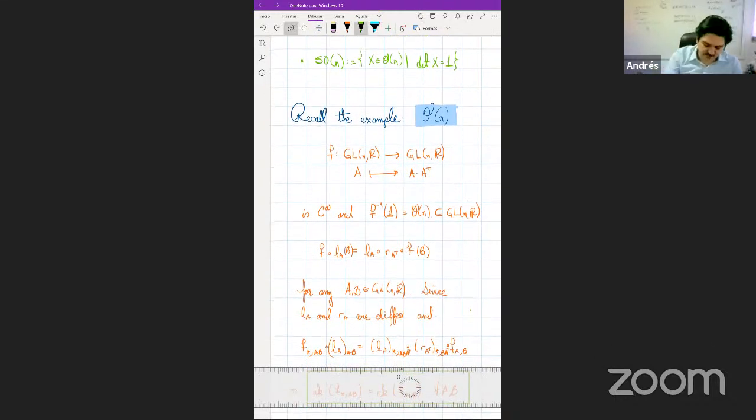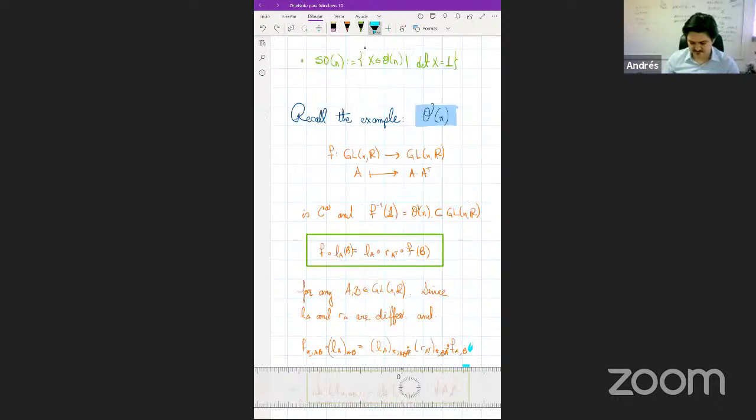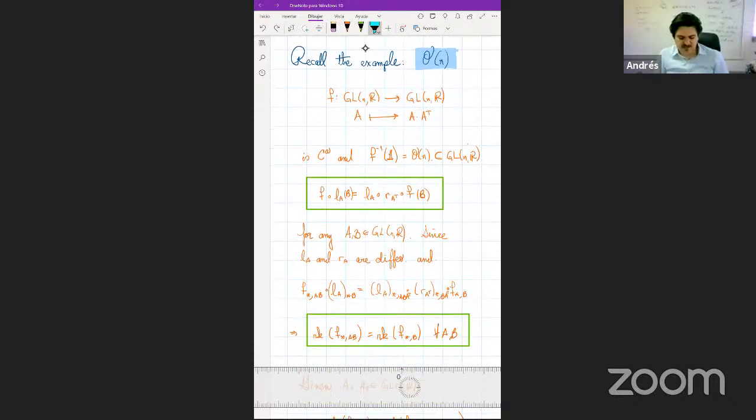Now we compute the differential of this map. I have the differential at V. We use the chain rule. I think I wrote it wrong here, sorry about that.